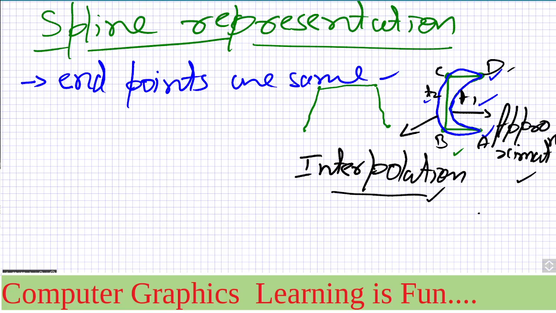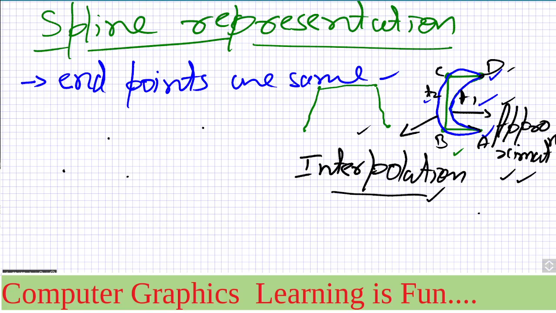And another option is, you are generating a curve but you are not bothered about crossing all the points, but more bothered about the curve itself. Such a thing will be called approximation. One thing in common that you have seen is the end points have to be considered always, whether it is approximation or interpolation.